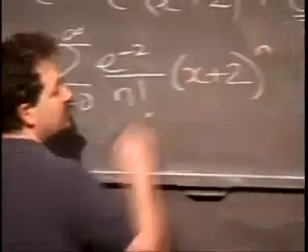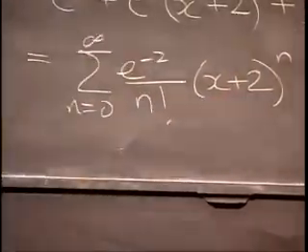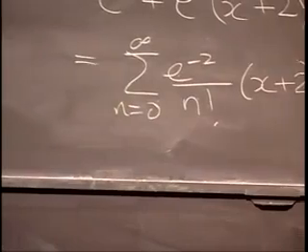Instead of x to the n over n factorial, we have x plus 2 to the n, and we also have this extra factor of e to the minus 2 in every term. So you see, the Taylor series for e to the x, no such thing. Taylor series of e to the x, where? Minus 2, 7, 0, a million. You get a different Taylor series for each center. I should say that a is often called the center of the series.